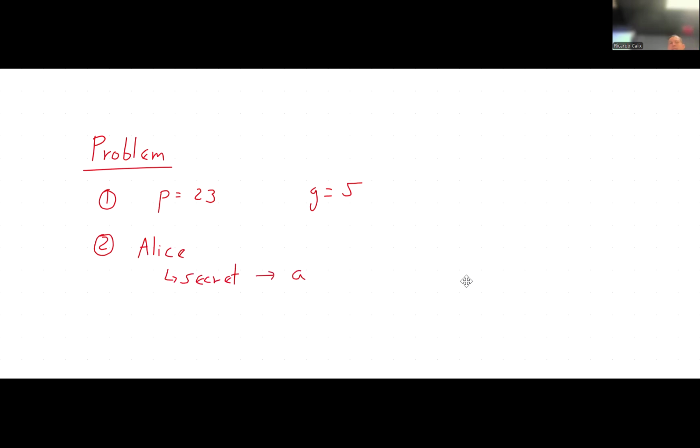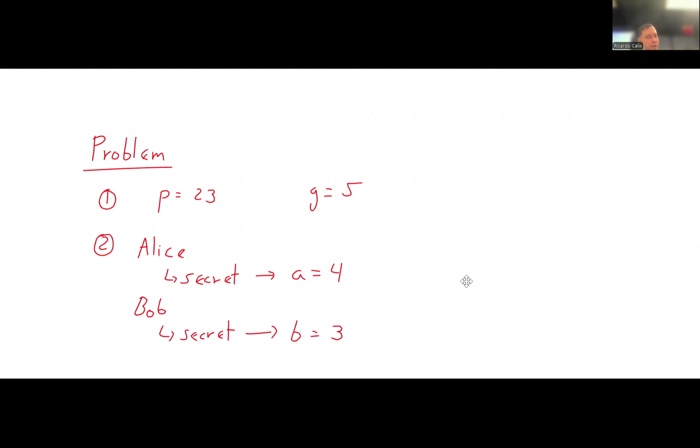What was nice about this is that it wasn't just some stream cipher or some book where you took out a number for that day; based on some mathematics, you can choose certain numbers. So secret A equals 4. Bob will have a secret also, which is B equal 3. So this is the starting idea.